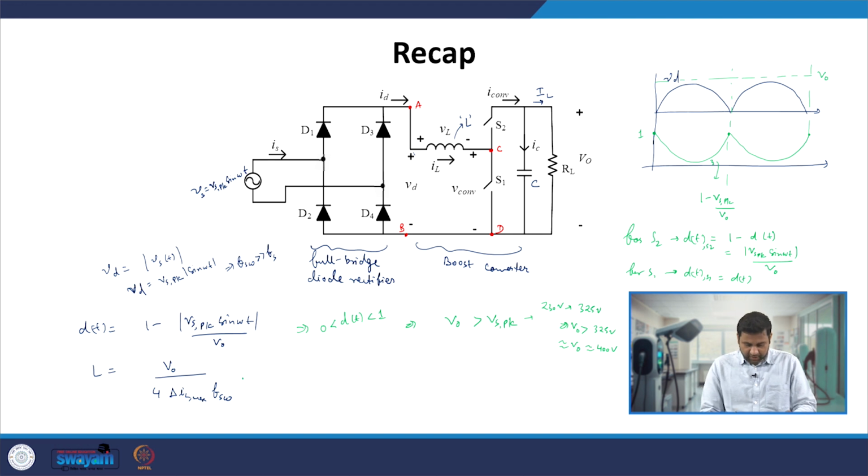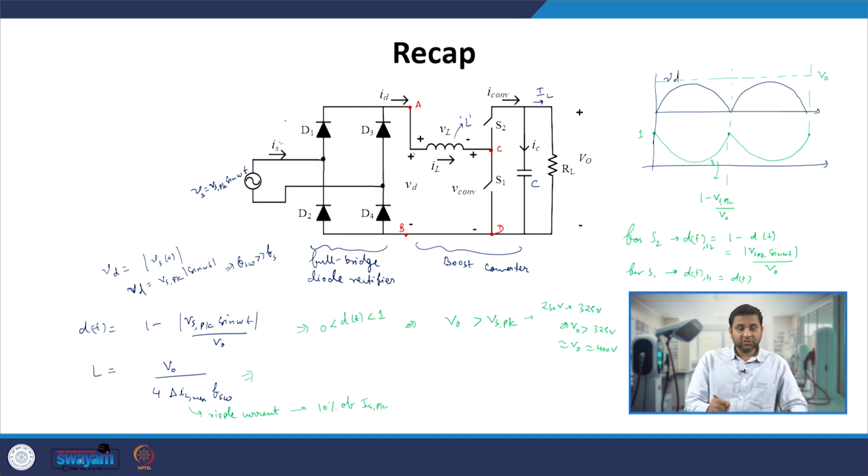In that process we derived the value of inductance which is needed. We came across this expression, which depends upon the output voltage and the maximum allowable ripple current. Generally it is taken as 10% of Is peak, where Is peak is the current drawn from the source.